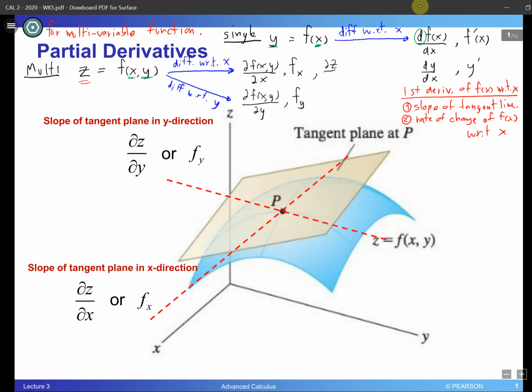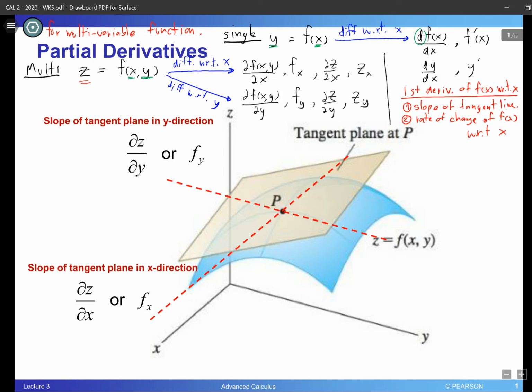dz by dx, or z with the subscript x. Same with y, dz with respect to y, or z with subscript y. So what you see right here, all of these forms have the same meaning. They are the first partial derivative of f with respect to x and y.